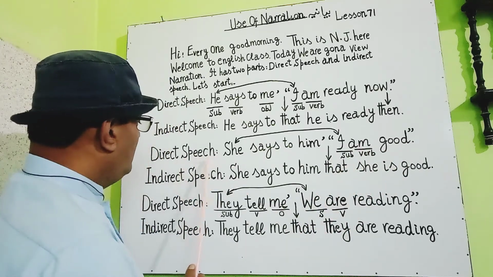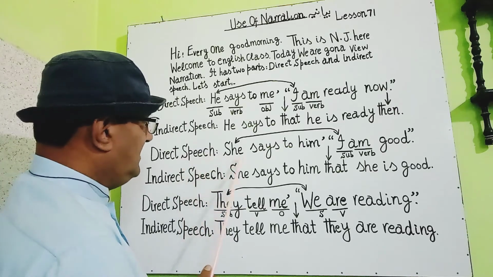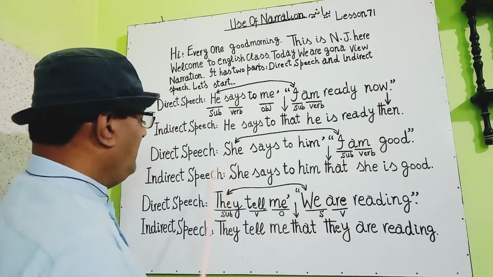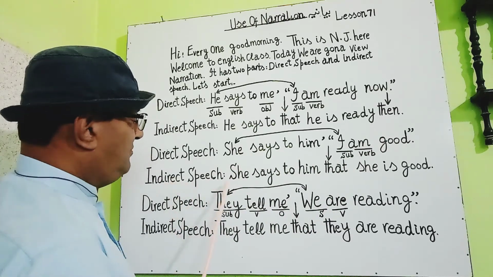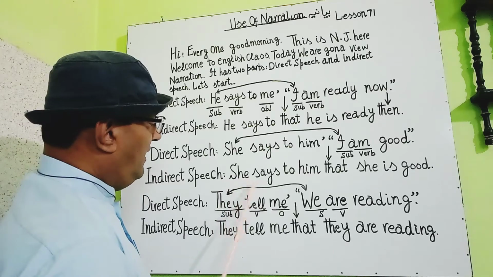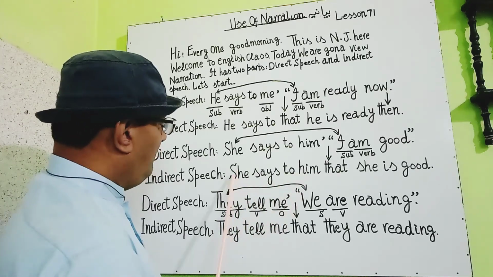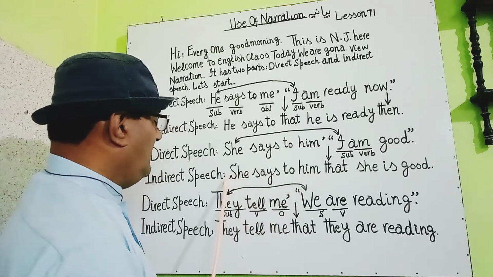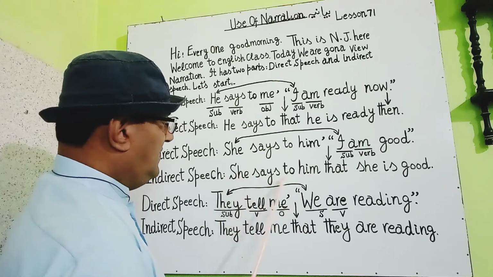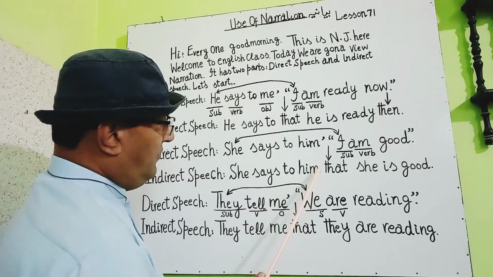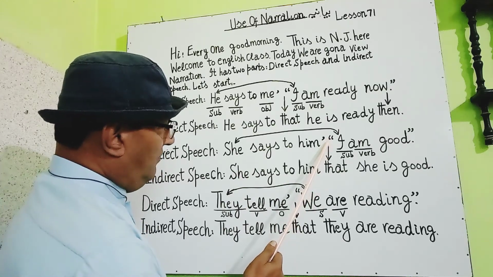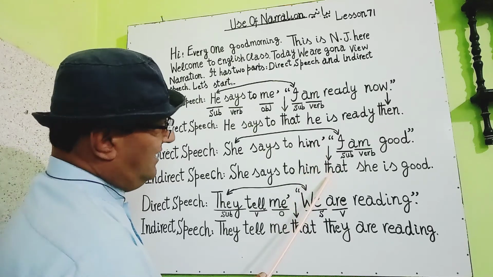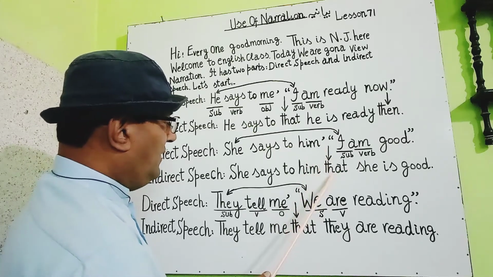This conversation is between two persons, and now when we convert it into indirect speech, you can see here she says to him, the first part remains the same. After him the comma will change into that, and we put that here.